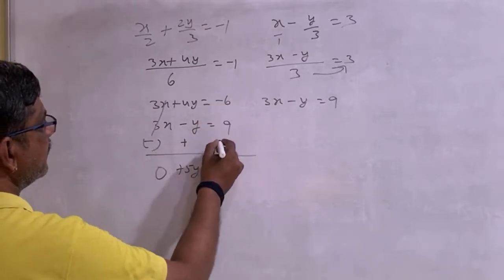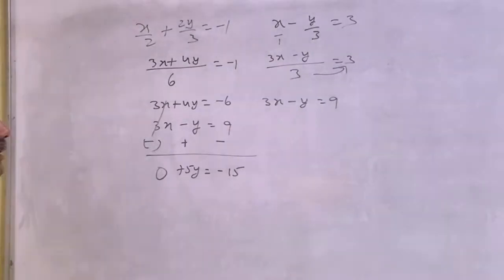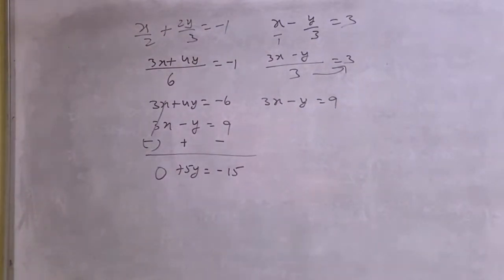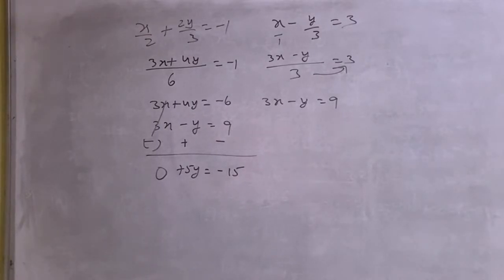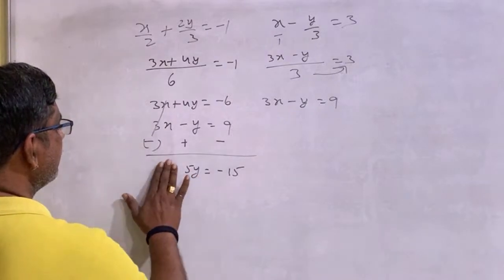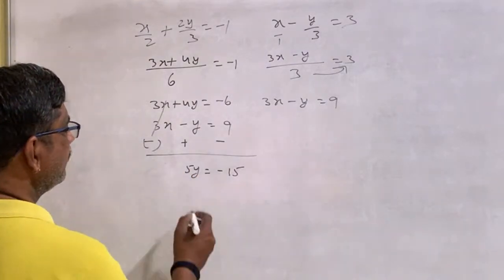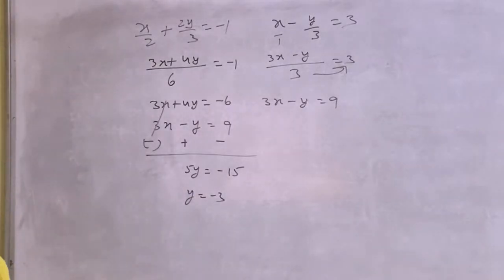And -6 minus 9 becomes -15. That means 5y = -15, then y is equal to -3.